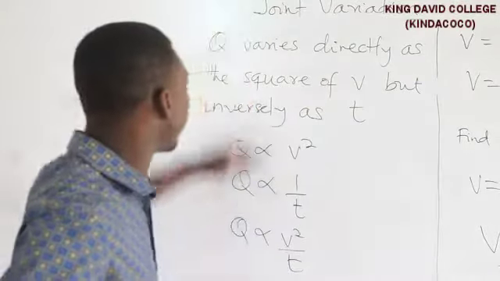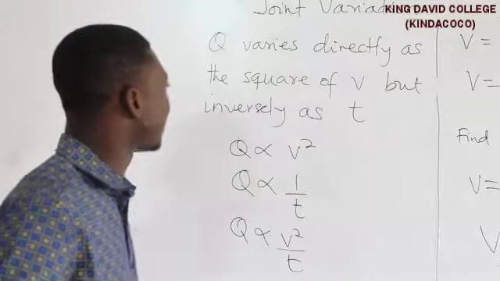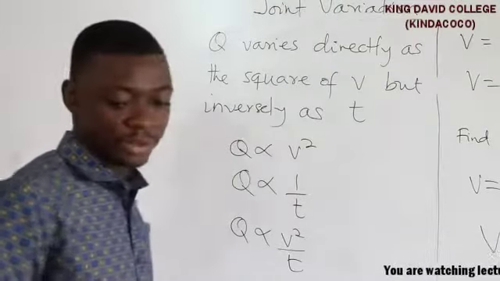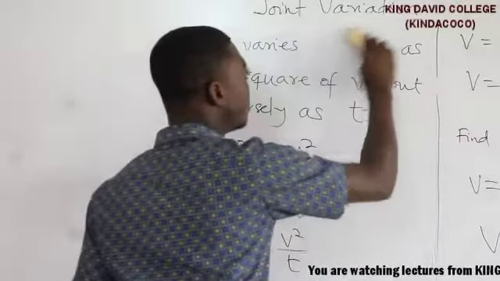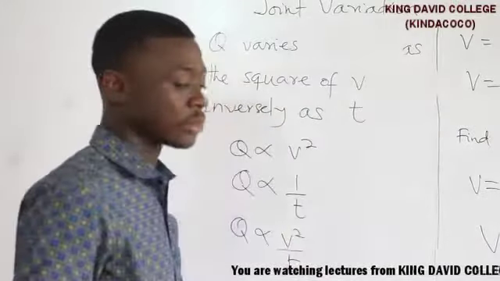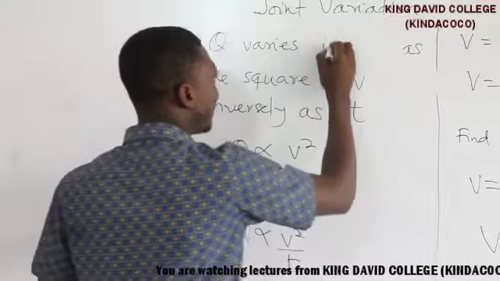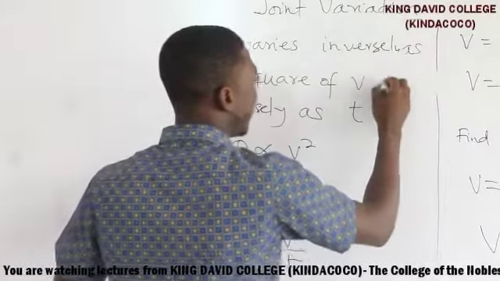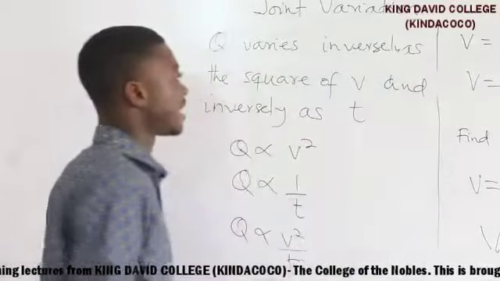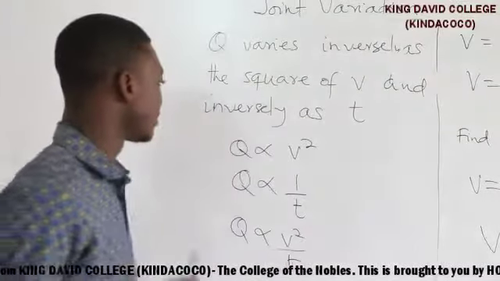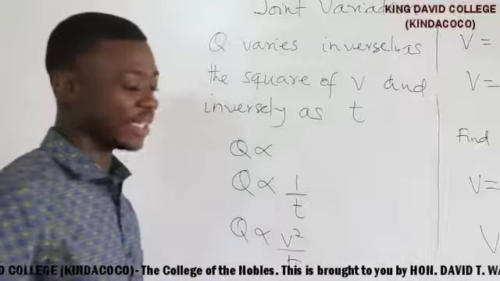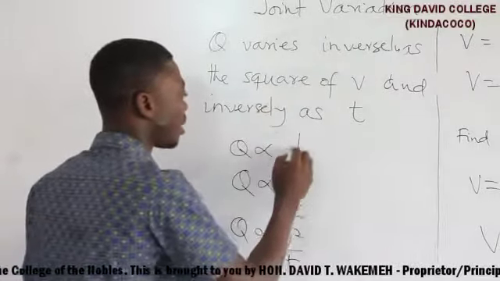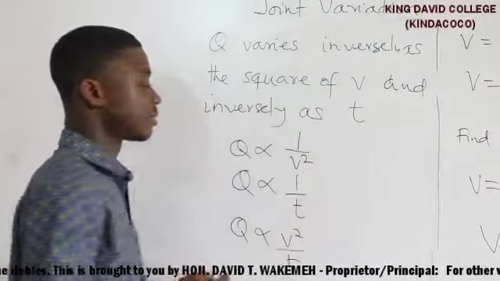We can even make Q vary inversely as the square of V and inversely as T. So both of them are now inverse. Q varies inversely as the square of V, so this is 1 over V squared.